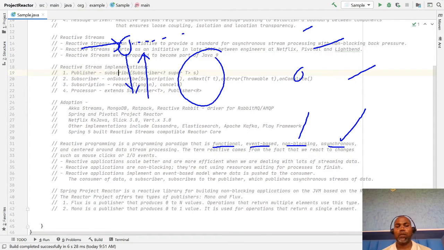So in reactive programming, our threads and processing tasks do not wait for someone to complete. That is non-blocking. Asynchronous means it may be done by multiple threads from different thread pools.